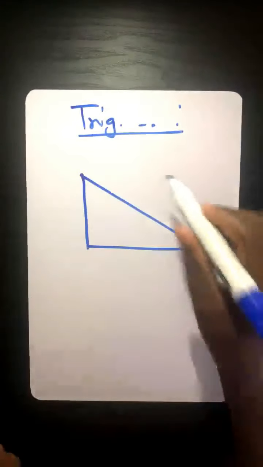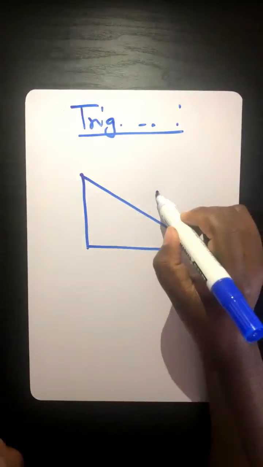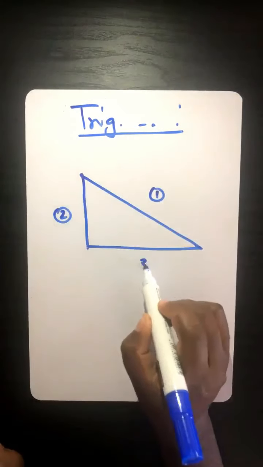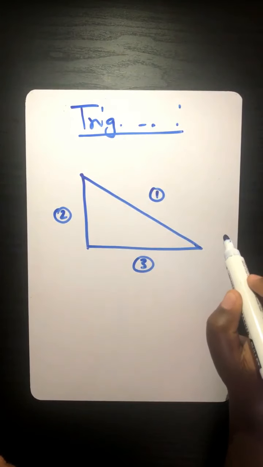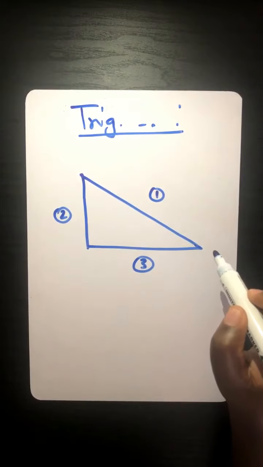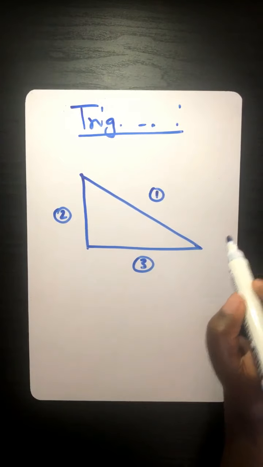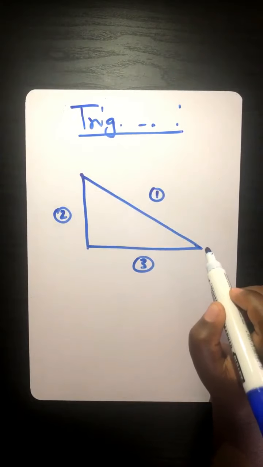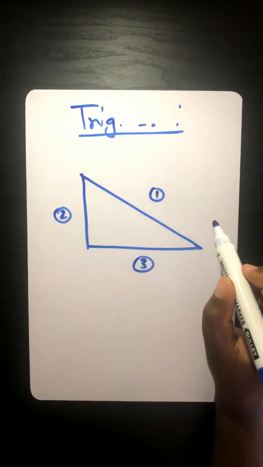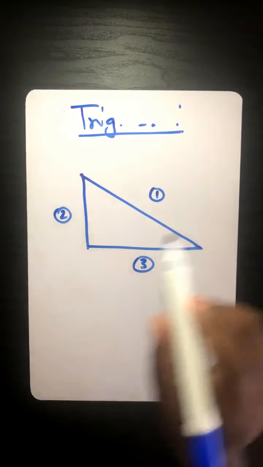Because we've got side 1, side 2, side 3. In trigonometry, we study the sides and angles of a triangle. But what we are looking at is what we call a right-angled triangle.